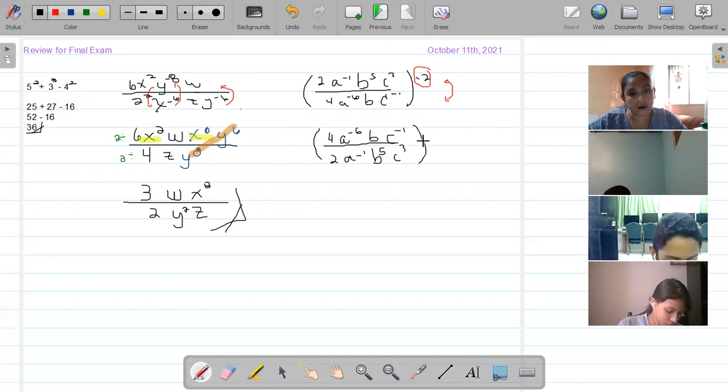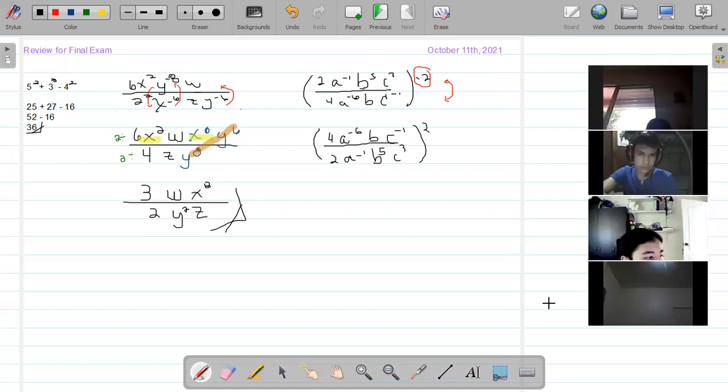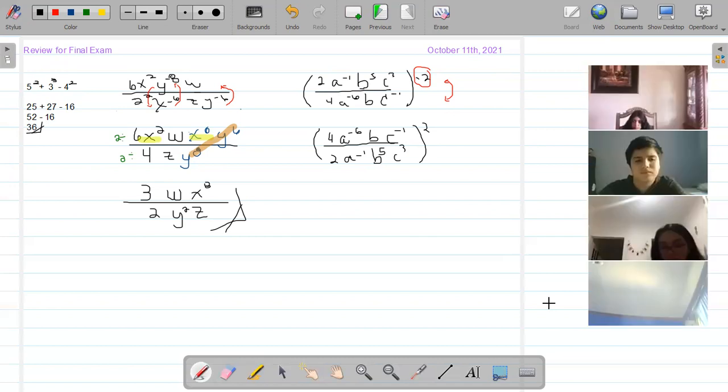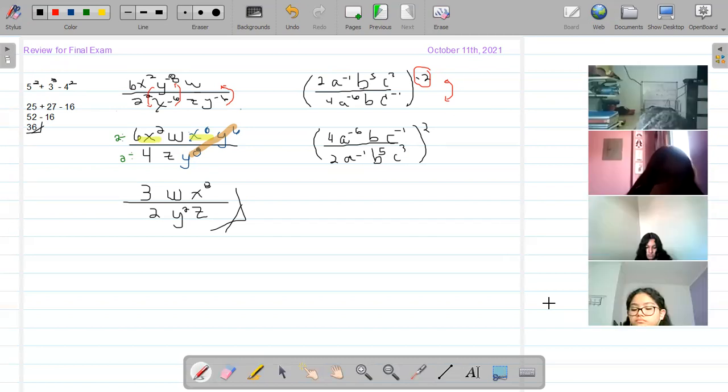And everything goes to the square. Okay? That's the first step. That's the first thing that you need to do. Get rid of the negative sign by reversing your fraction, but just keeping everything as it is, but in opposite sides. Okay? Now, let's see who's going to help me with this exercise.